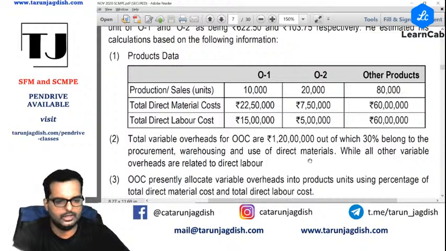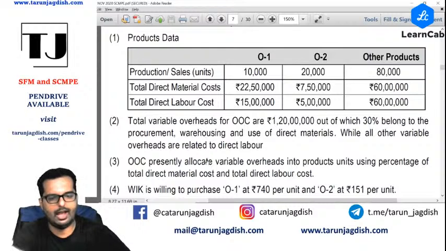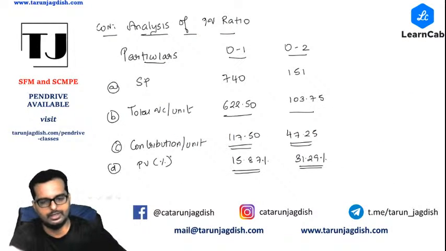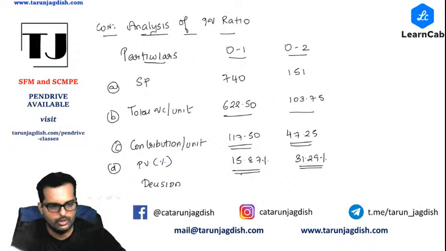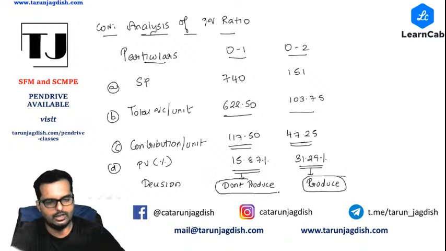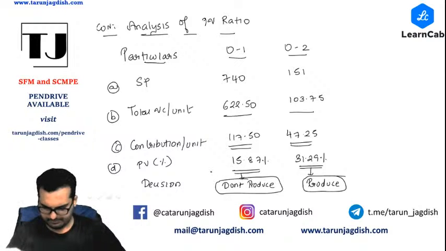Now what they are saying over here is that they will not accept any product having a PV ratio of less than 28 percentage. So now tell me, if that is the case, what will be the decision? Over here it is less than 28 percentage, the decision would be don't produce. And here what will be the decision? The decision would be produce. Can you write down this in your books now?